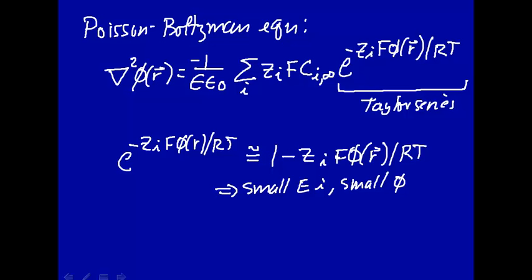and you get a pretty good approximation. So if we now substitute this expression for the exponential here, we'll have this expression for the Poisson-Boltzmann equation, where we have small potential.